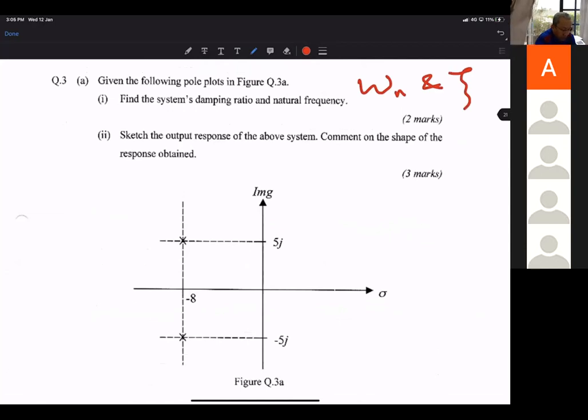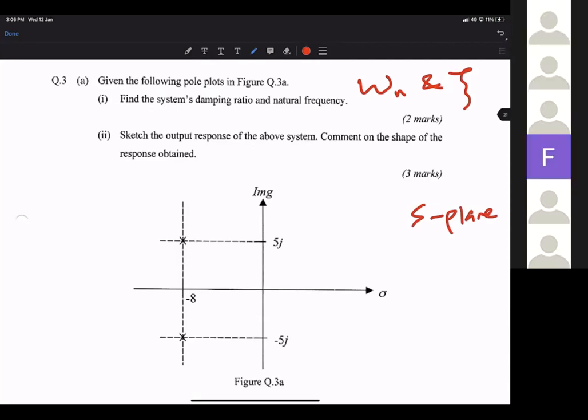So this is the S plane. Professor, how do we find zeta and omega n?